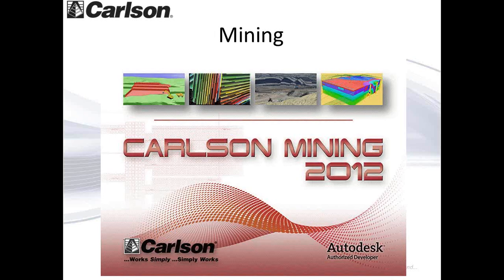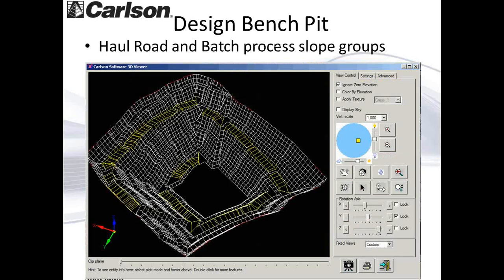Okay. Now, for mining, we added a few features in the bench pit design. One is putting in a haul road as part of the pit design. So as you can see here, the road starts on the left here and goes clockwise as it winds its way down to the bottom of the pit.